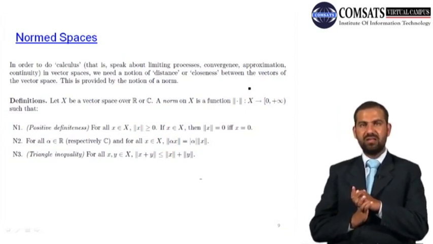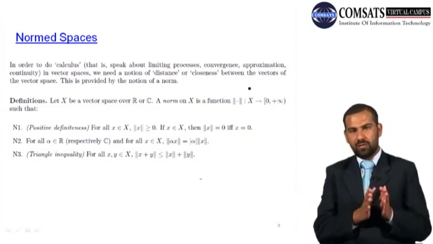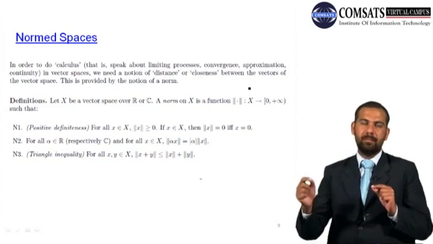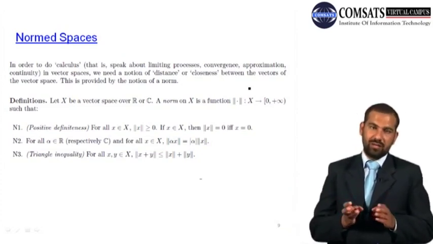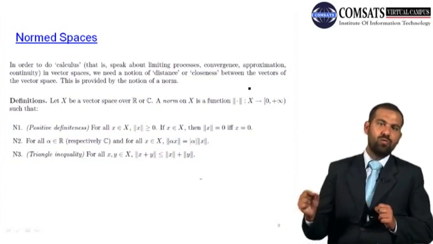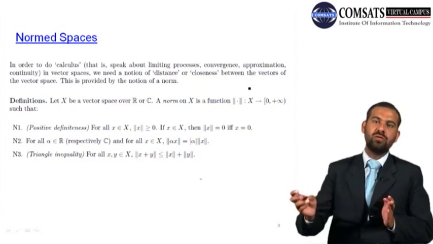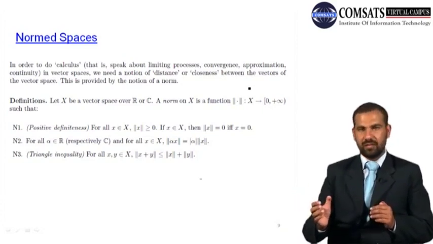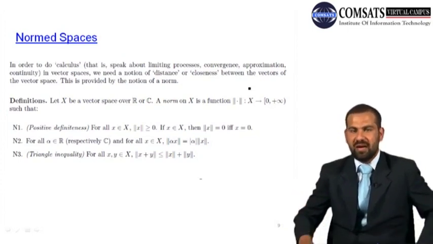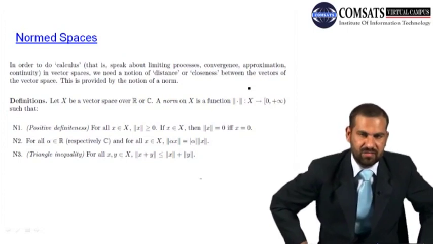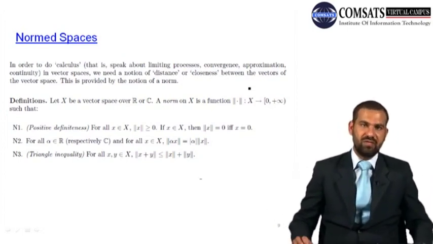Now we need the notion of distance. In R we know that the distance on the closed interval [a, b] is b minus a. But someone asks you: what is the distance between two vectors? What is the absolute distance between two elements of R square? We know that vector spaces may be finite dimensional, sometimes infinite dimensional. So how can you measure the distance between them?